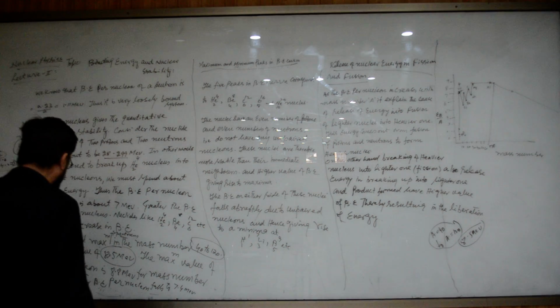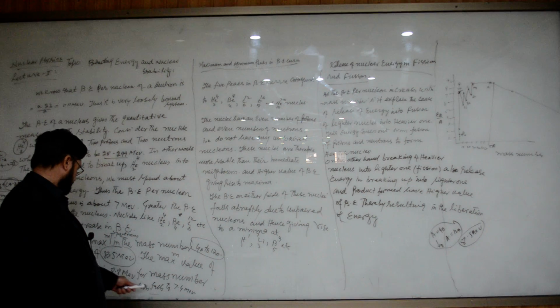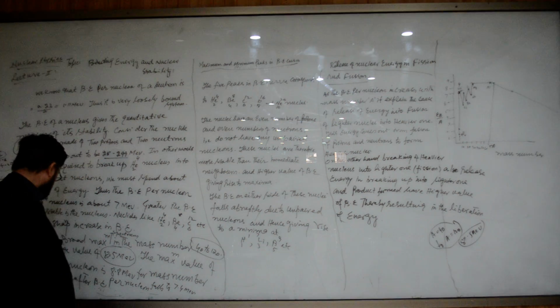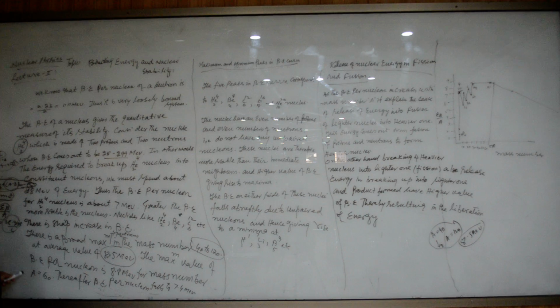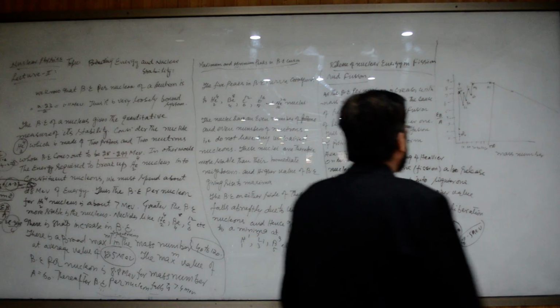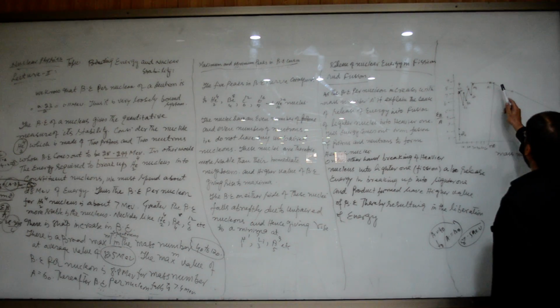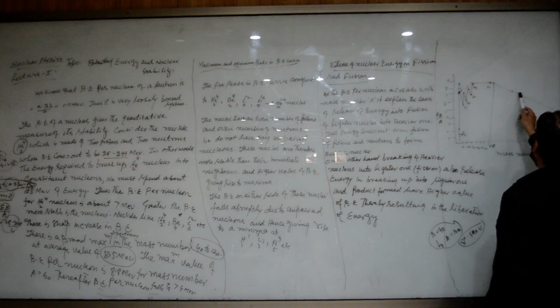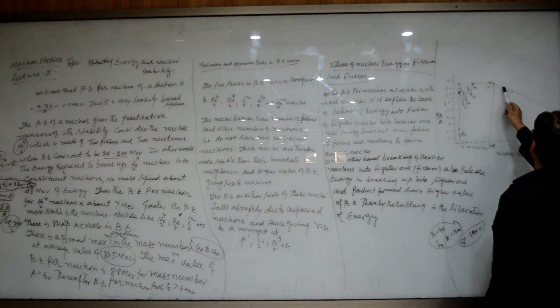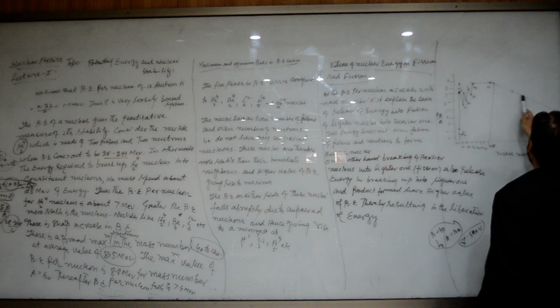That is for mass number A equal to 60. After that, if you see the graph, the binding energy curve falls, it is decreasing.